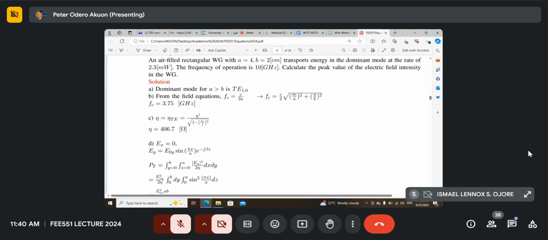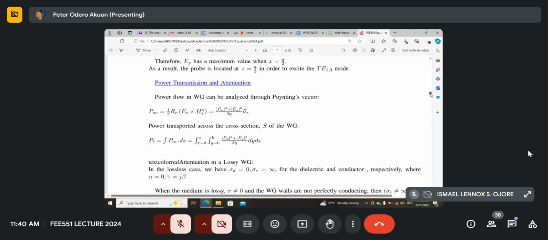Then now to calculate PT, remember we said PT is the sum of Ey squared plus Ex squared over 2 eta, from the Poynting vector here.